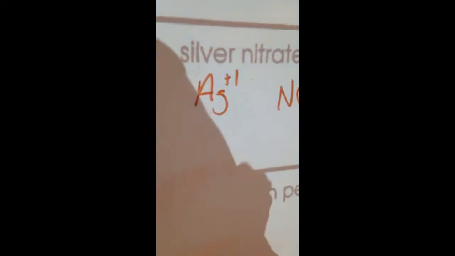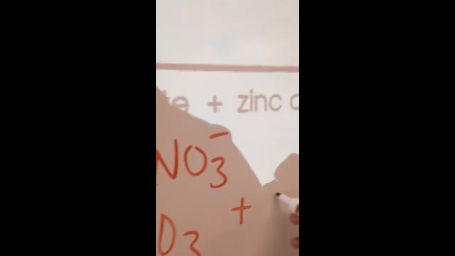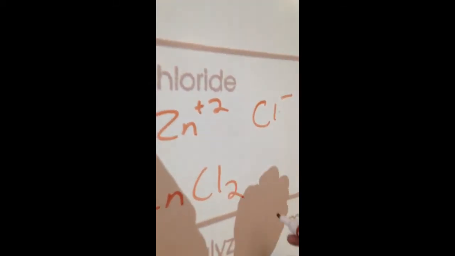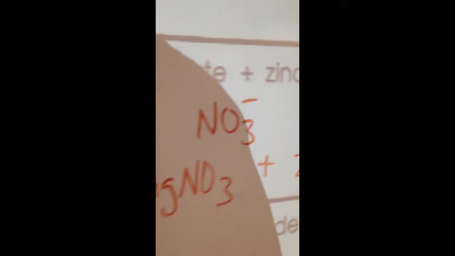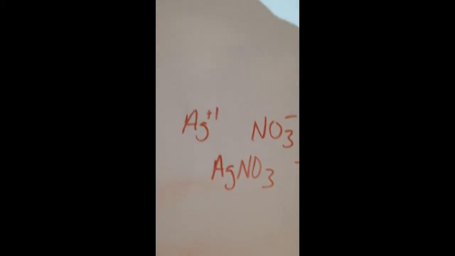So I always recommend getting your ions established first, and then you can crisscross them. If we crisscross them, we know we're going to have AgNO3 plus ZnCl2. We know that is a double replacement reaction. So we're going to go ahead and match our ions up.